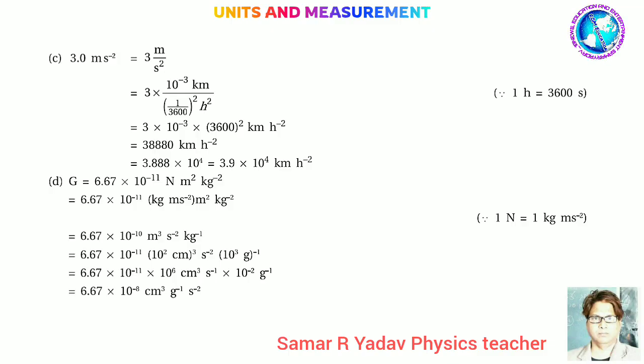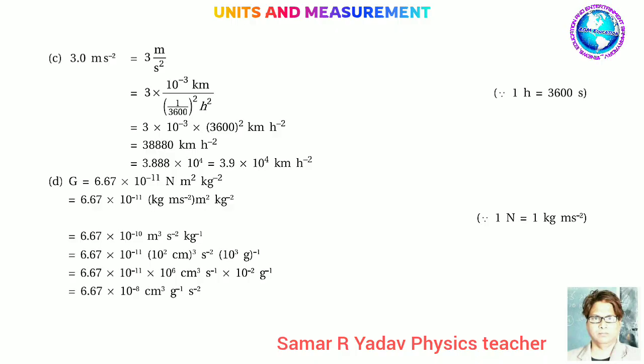D: Capital G is equal to 6.67 into 10 power minus 11 Newton meter square per kg square, which is 6.67 into 10 power minus 11 kg meter per second square into meter square into kg to the power minus 2, equal to 6.67 into 10 power minus 11 meter cube second to the power minus 2 kg to the power minus 1.